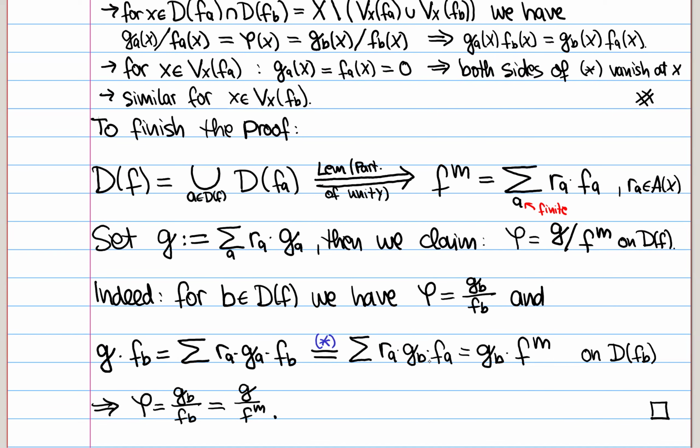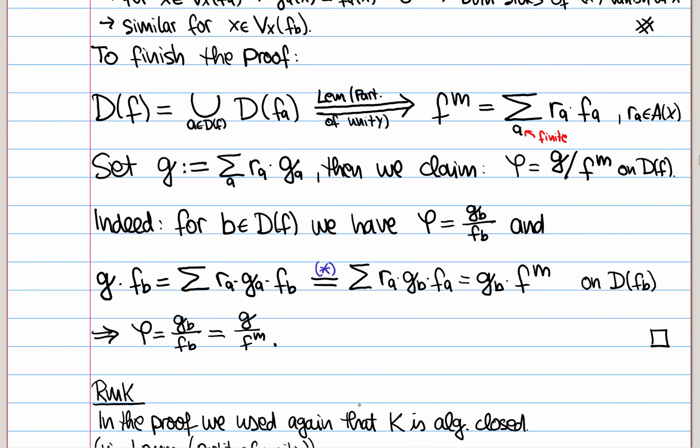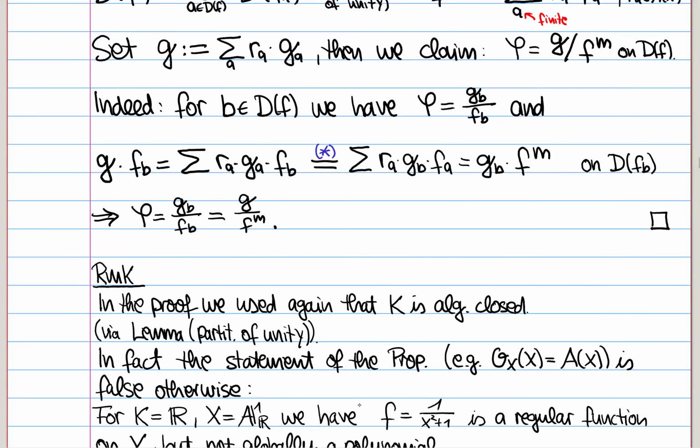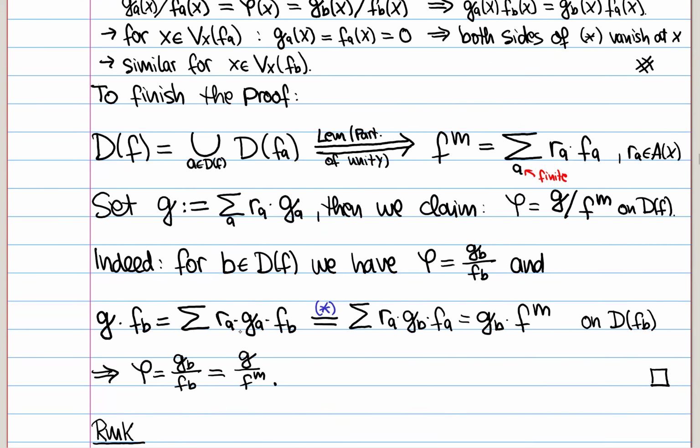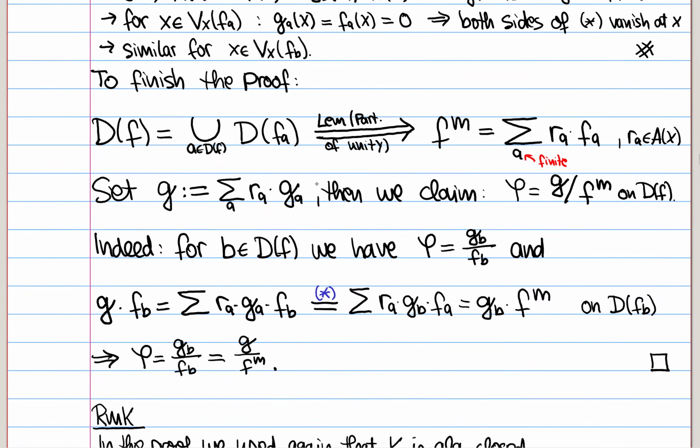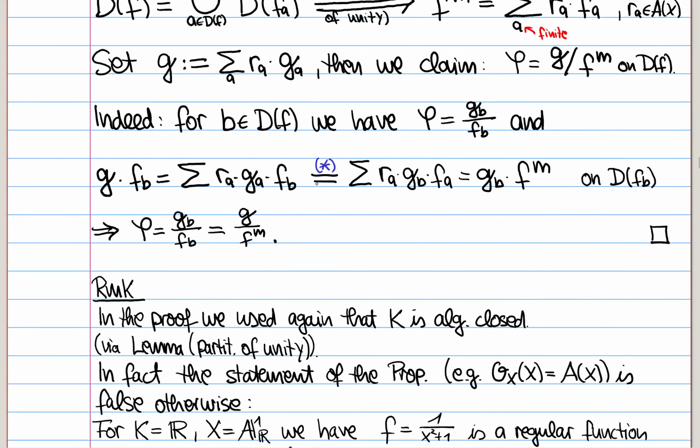So indeed, all of these functions are given by these quotients. And I just want to have one more remark, because in the proof, at one crucial step, we used that K is algebraically closed. And the point where we use this is exactly this lemma on the partition of unity. This allowed us to write this thing down.